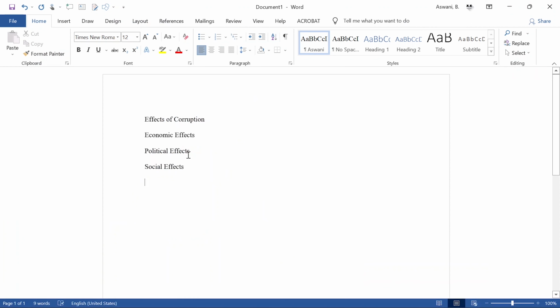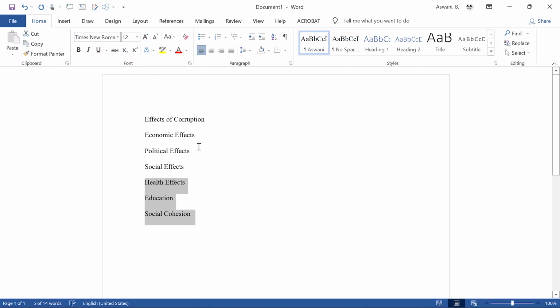So you can split social effects into health, because I believe health is a social issue, health effects, maybe into education, and then let's say social cohesion, for example. So you realize the 3 are under social effects, okay?